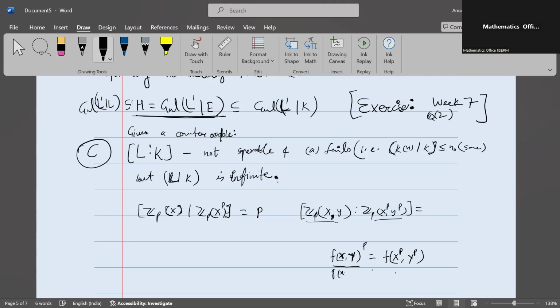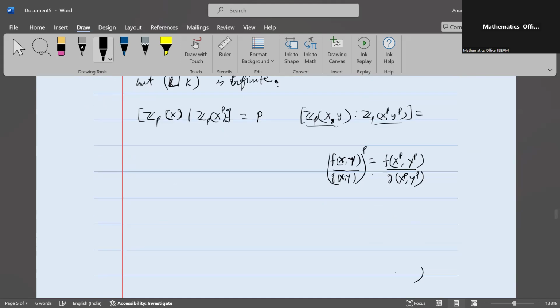If it was f(x,y) by g(x,y), then the whole p-th power will become f(x^p, y^p) over g(x^p, y^p). So for any f by g here, take the polynomial T^p minus f(x^p, y^p) over g(x^p, y^p).